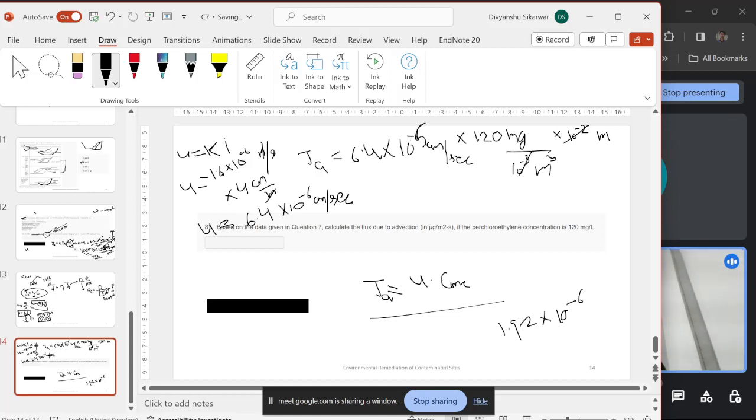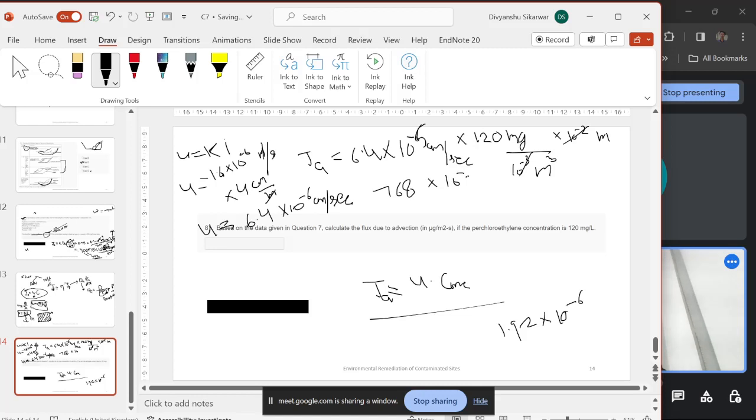And here it will become 5 into 120. So this value will come out to be 768, 768 into 10 to the power minus 5. And this will also cancel out to become meters square, right? So 768 into 10 to the power minus 5 in terms of milligram per meter square second.